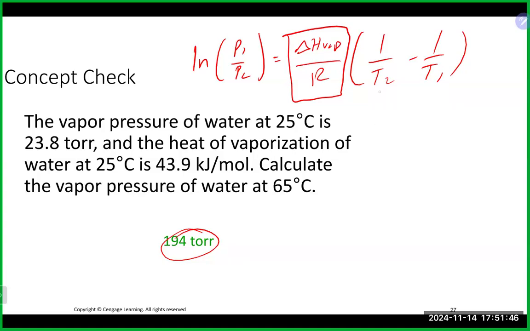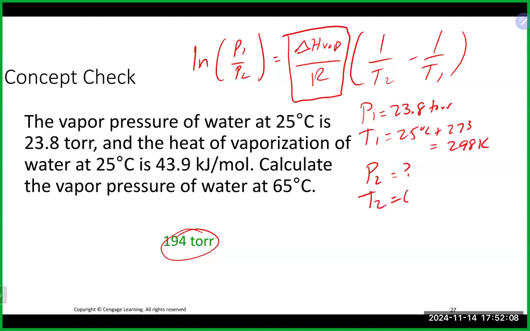So we can call P1 23.8 torr. We can call our T1, which goes with that 25 degrees Celsius, which if we convert to Kelvin will give us 298. We could call our P2 what we're looking for, and our T2 would be 65 plus 273 to convert it into Kelvin.